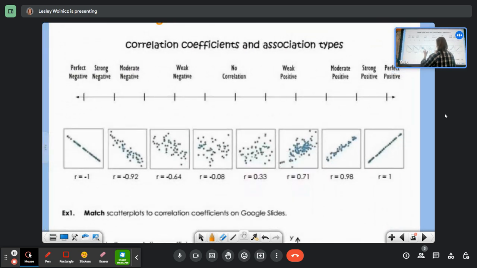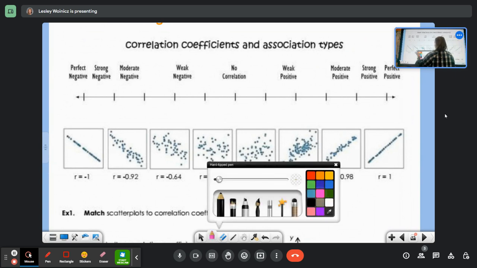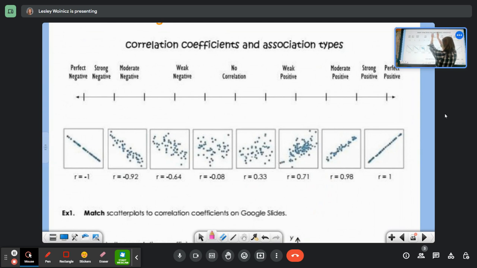Here is a number line, which is going to represent all the possible R values. In the middle of the number line, where there's no correlation whatsoever, the R value is 0. R equals 0, like that.